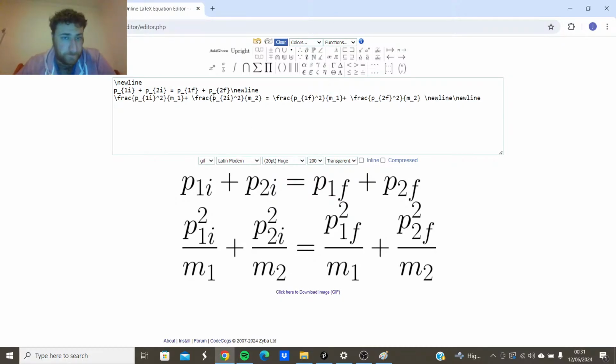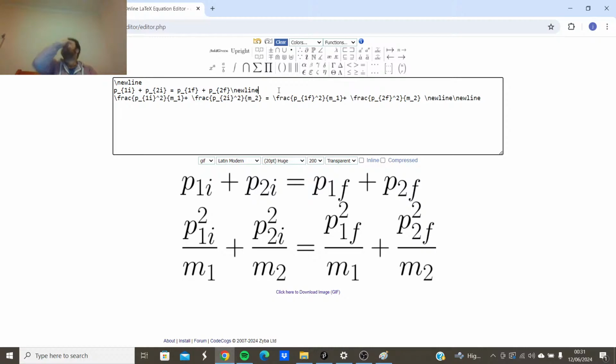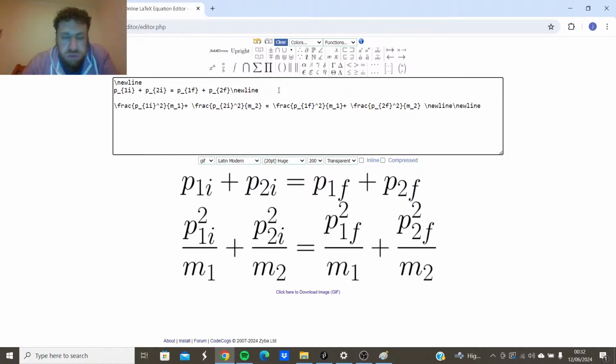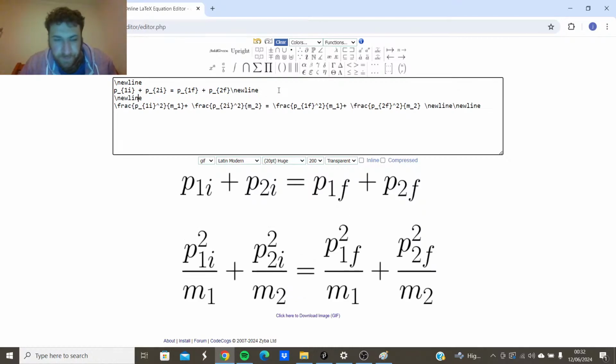Now, what we're going to do is use our physics knowledge. Sort of. Technically this is still going to be mathematical, but we'll say physics-inspired algebraic manipulation. First, you know that if the total momentum is conserved and there are only two masses we're considering, then any momentum lost by mass 1 has to go to mass 2.